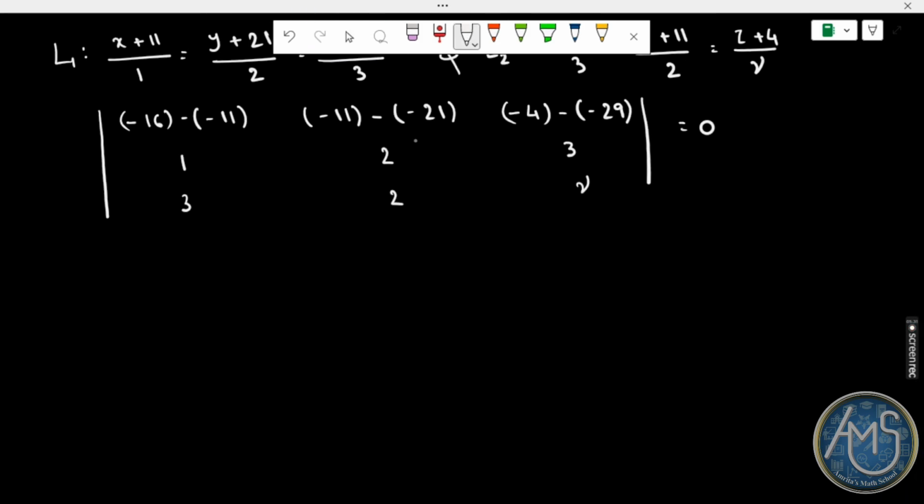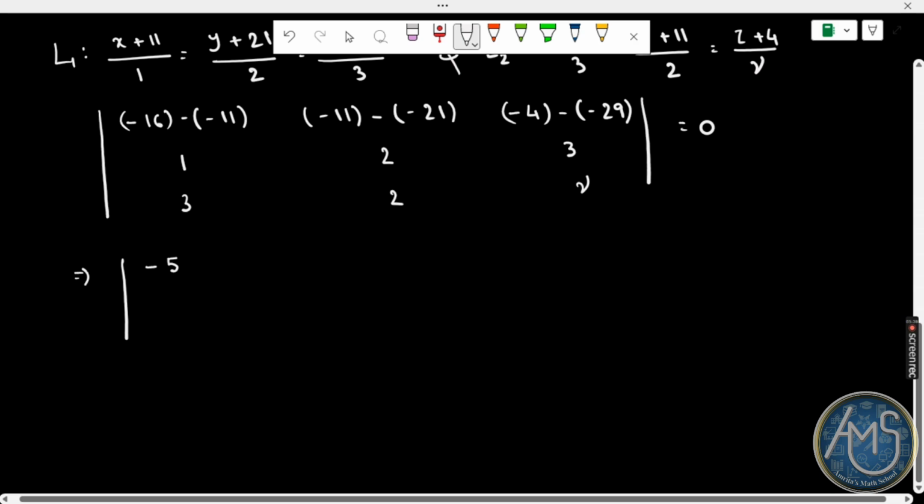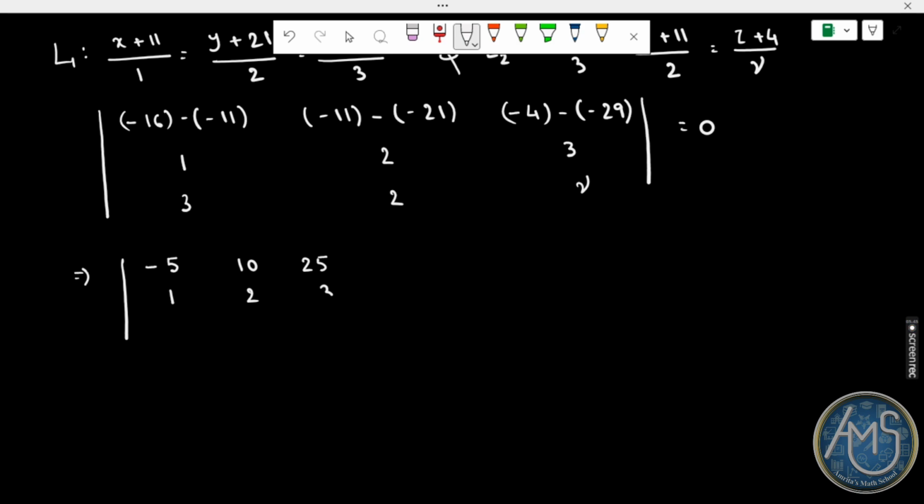So it implies the determinant with rows -5, 10, 25; 1, 2, 3; 3, 2, gamma equals 0.